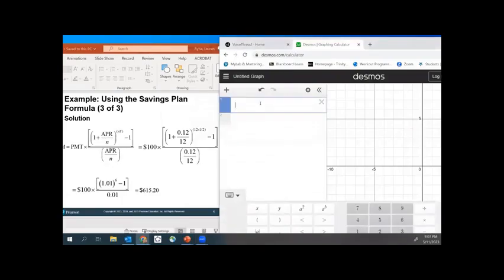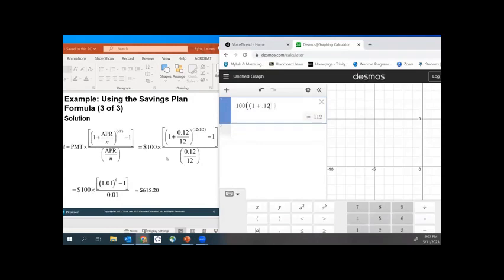Okay, so I'm going to show you first how we would type this into Desmos if I was doing the work by hand. 100. And then you do 2 sets of parentheses. 1 plus 0.12 over 12, close that pair of parentheses, raise it to the, in parentheses, 12 times a half power, and then arrow out, minus 1.